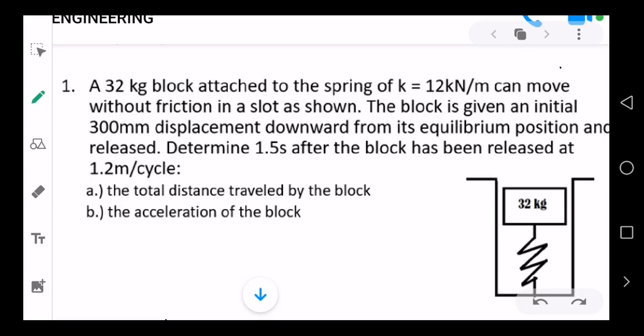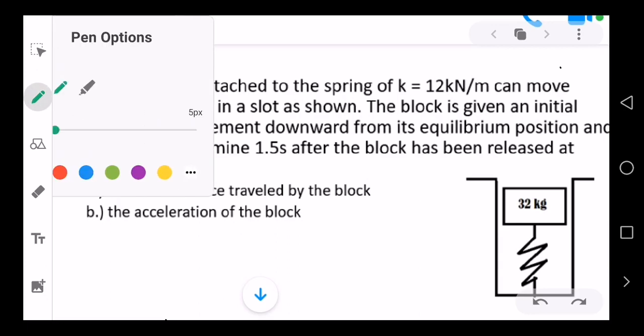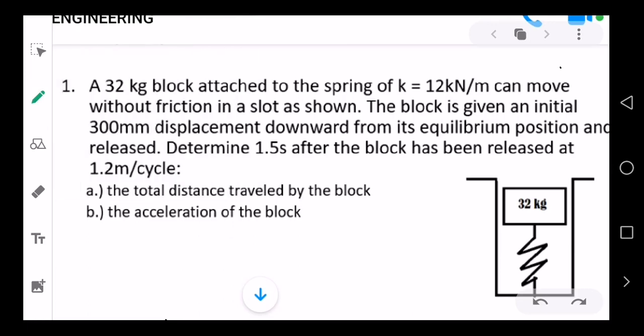Alright, to solve this problem, let's take note of the given values first. Number 1 is, of course, the mass, M, 32 kilogram block. The stiffness K, which is 12 kilonewton per meter.